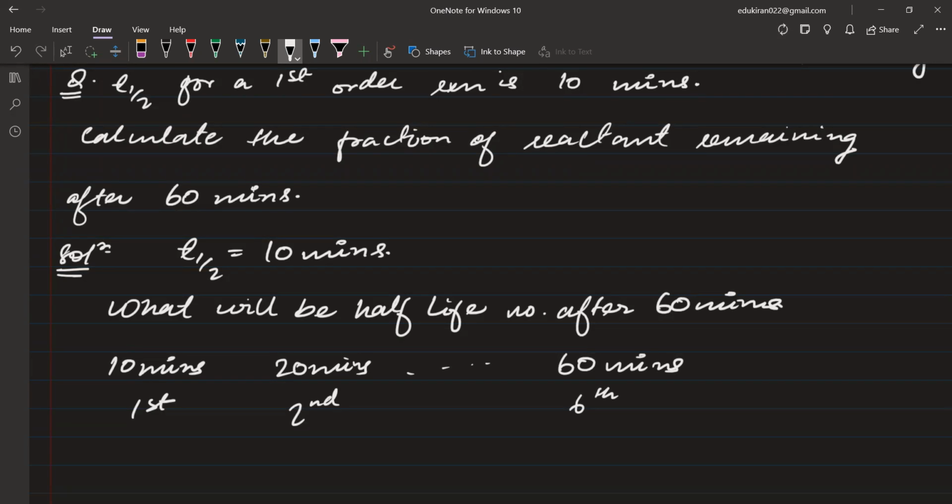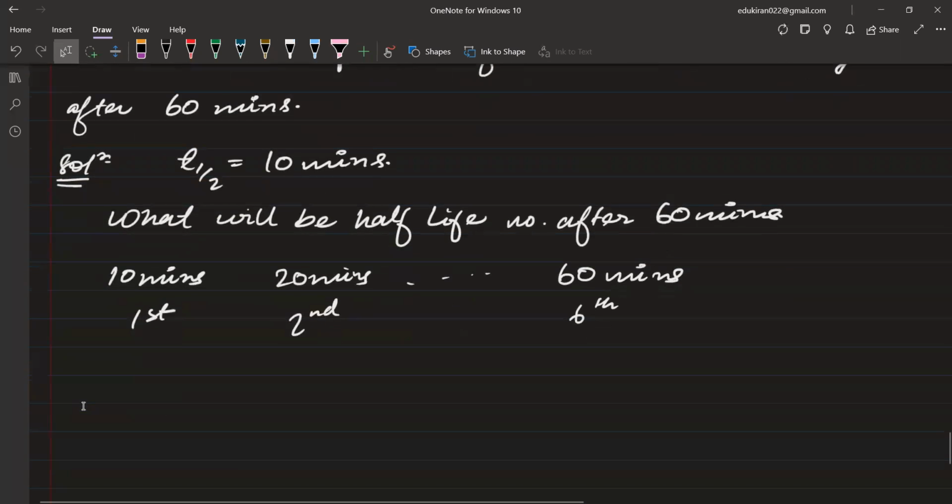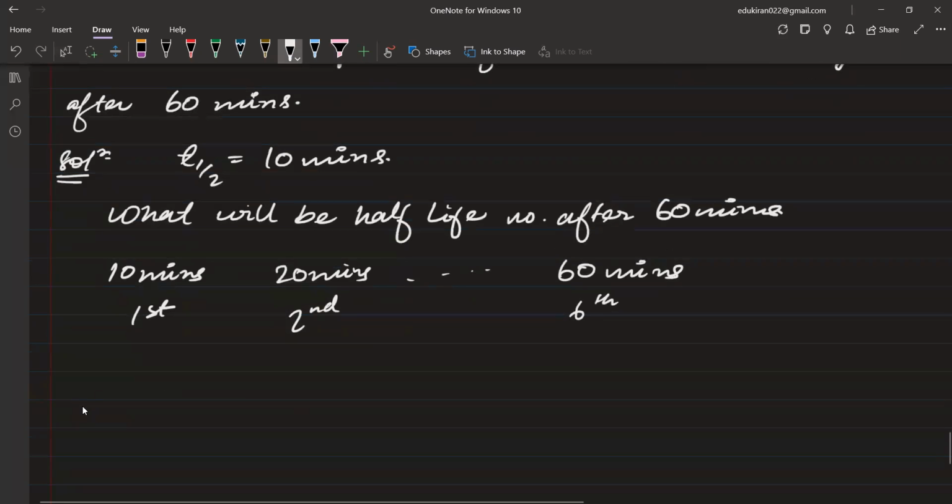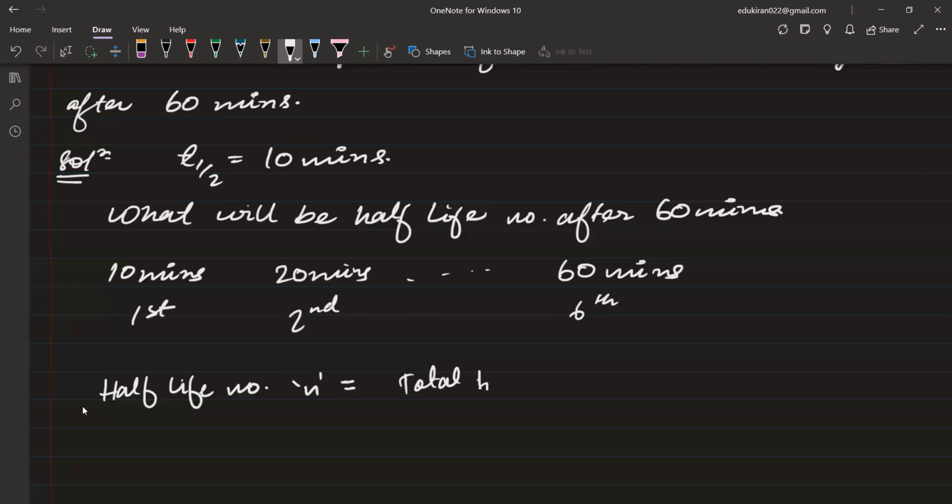That means in order to calculate the half-life number n, it is equal to the total time divided by the t half.